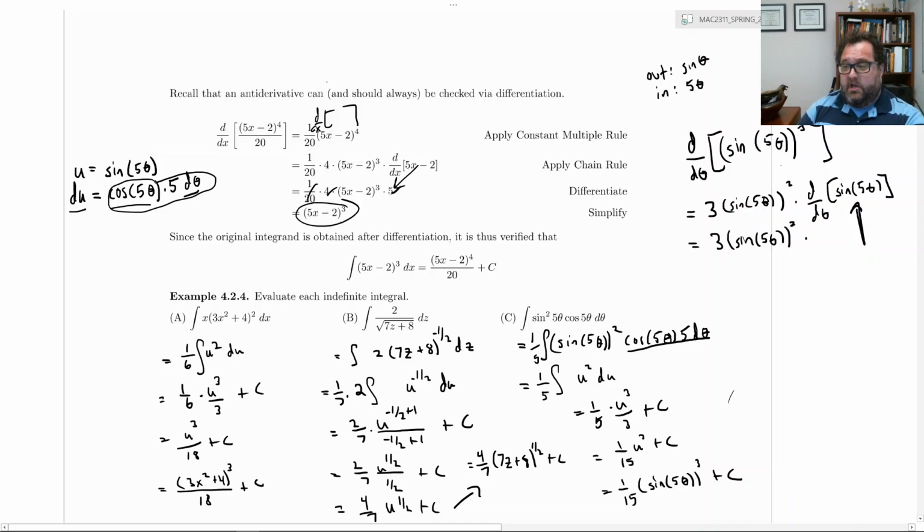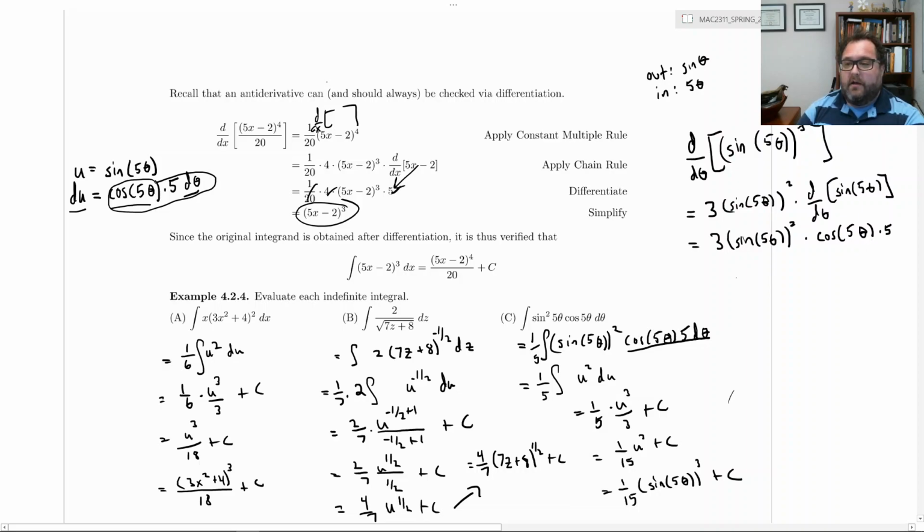So if we apply the chain rule, we take the derivative of the outside function, that's cosine. We evaluate at the inside function 5 theta, and then we multiply by the derivative of the inside function, 5.